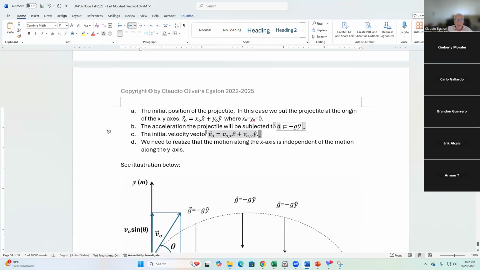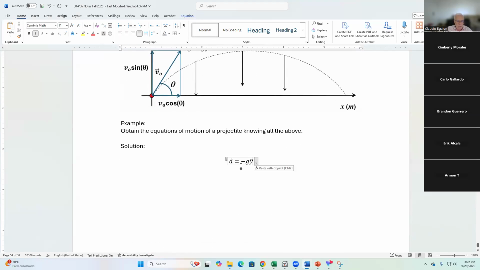We start with the acceleration vector. Acceleration vector is going to be the x component of the acceleration along the x hat direction, plus the y component of the acceleration along the y hat direction.